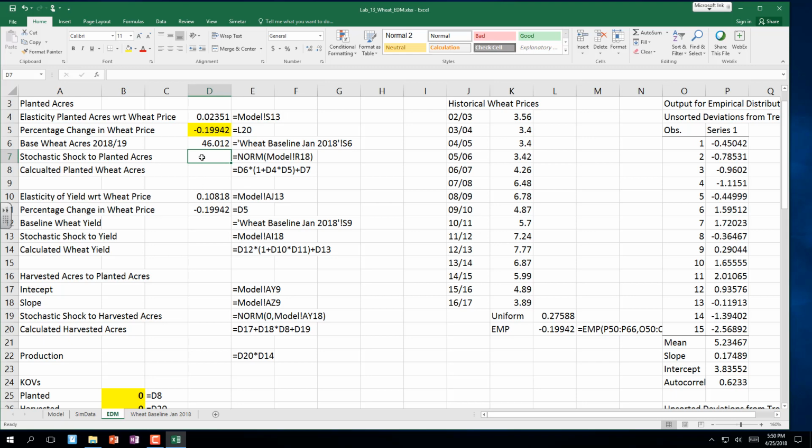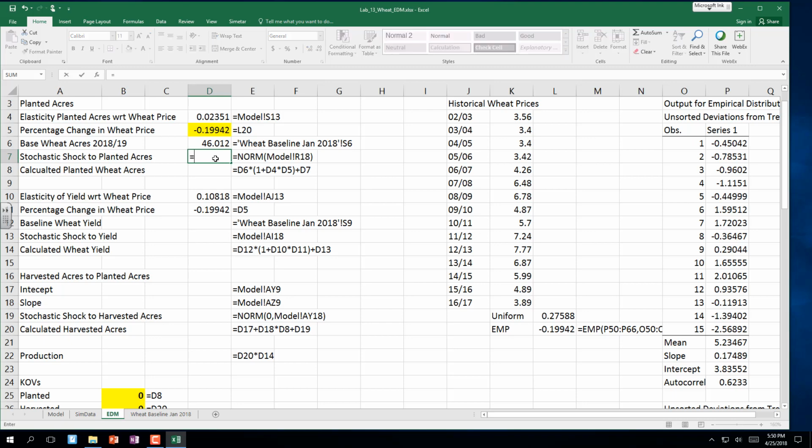Now, I've got a stochastic shock that I can have on my planted acres. And by the way, I put all of these over here so we can go faster tonight. This is just an error term on a stochastic variable.